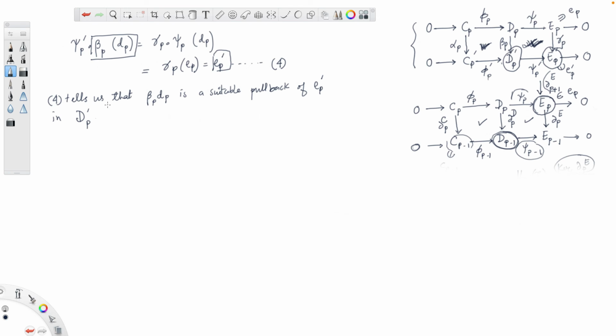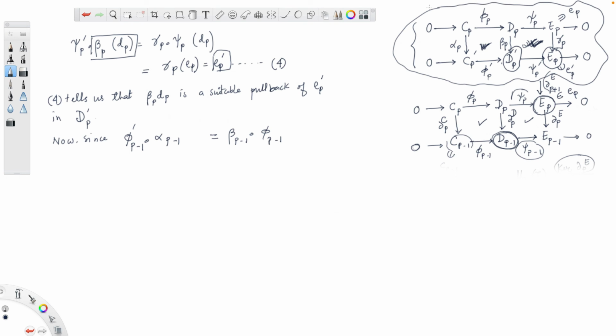Okay, now since phi prime p minus 1 composed with alpha p minus 1 is equal to beta p minus 1 composed with phi p minus 1. Okay, so this diagram is a commutative diagram for all p. So now we consider p to be equal to p minus 1.